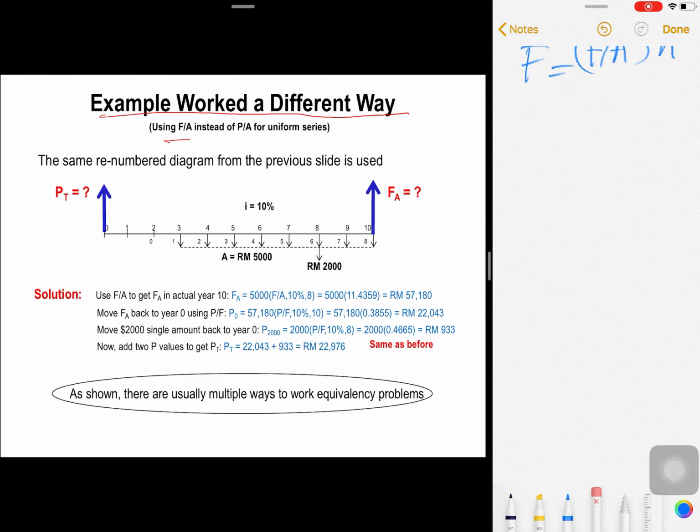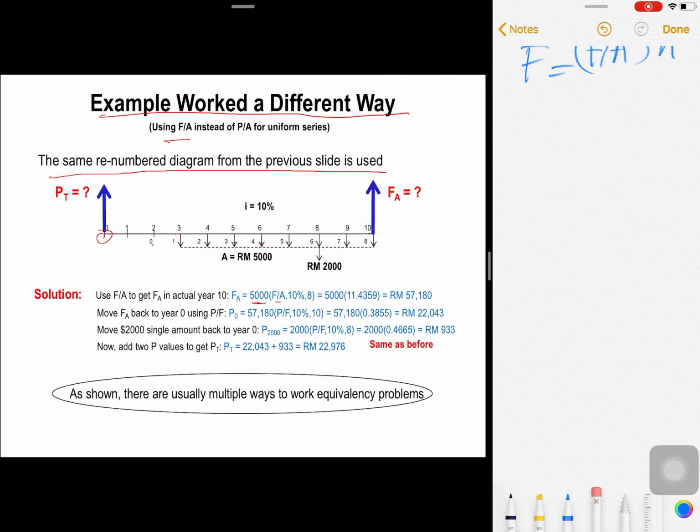So, example worked a different way. We can also use F over A, because just now we used P over A. Now we can also solve this using F over A. So the same renumbered diagram from the previous slide is used. PT is here, and n starts at 3 until 10, which is renumbered from 0, 1, 2, 3, 4, 5, 6, 7, 8. The first step is to find F of A in the actual year 10.